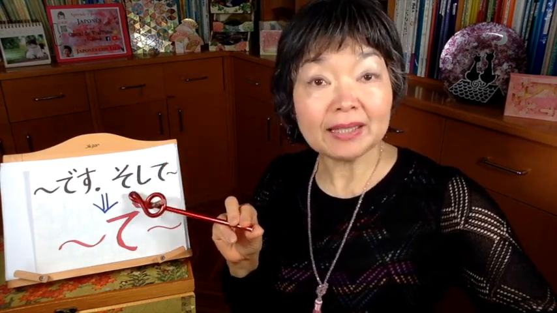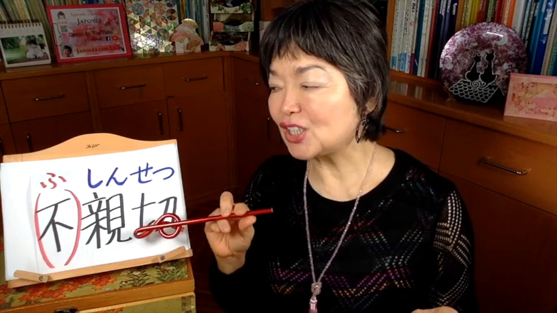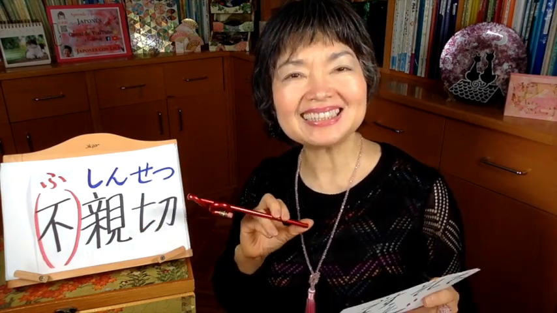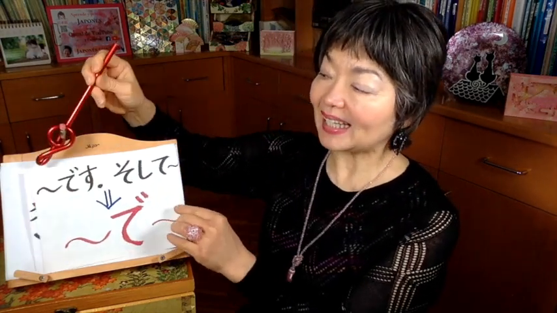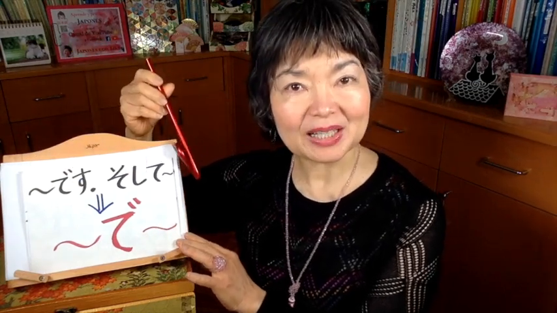and it's much easier. For example, if I say みゆきさんはきれいです。みゆき is beautiful. そして I use そして because this is two phrases, two sentences. みゆきさんはきれいです。そして親切です。kind and she's kind. But I can say much easier way.